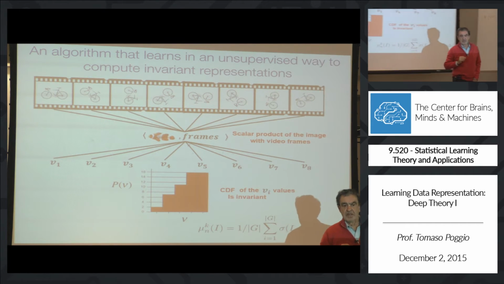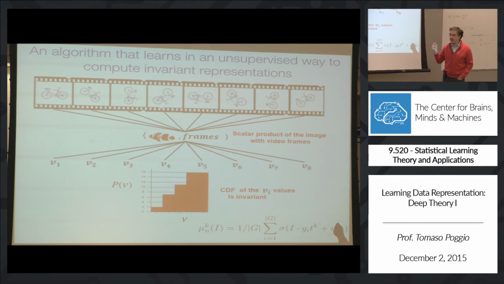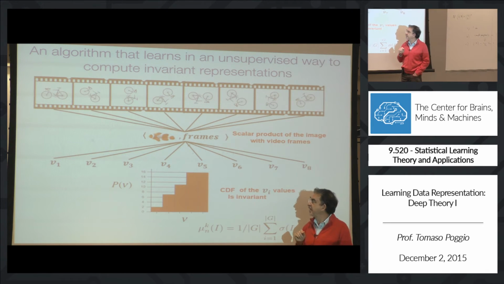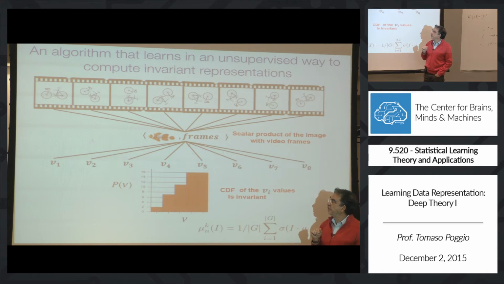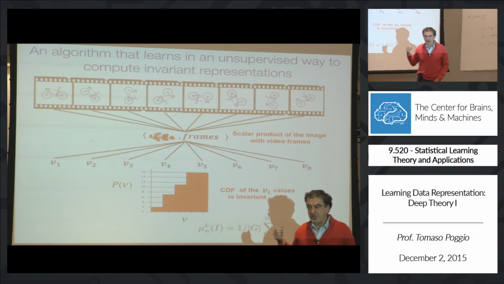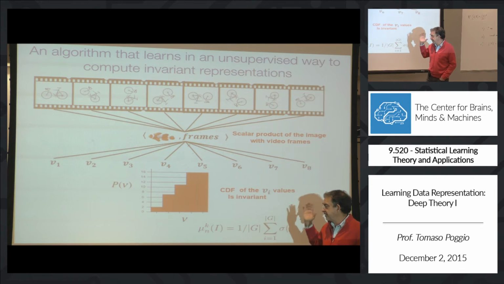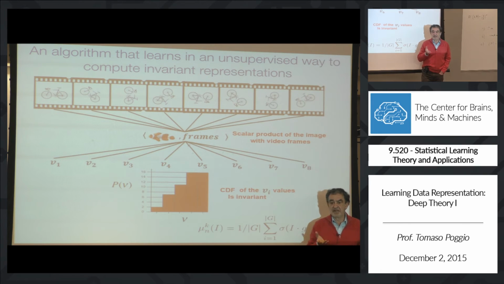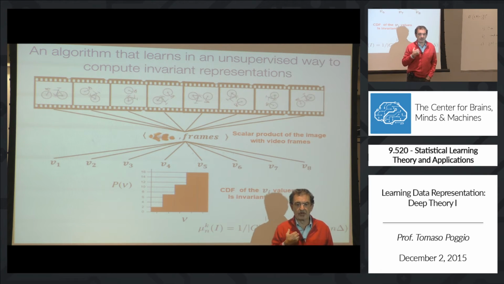Okay? And these are dot products. I assume the images have the same dimensionality, same size. So each dot product gives you a number. You get 8 numbers. And I say this set of 8 numbers is invariant to rotation of my face.